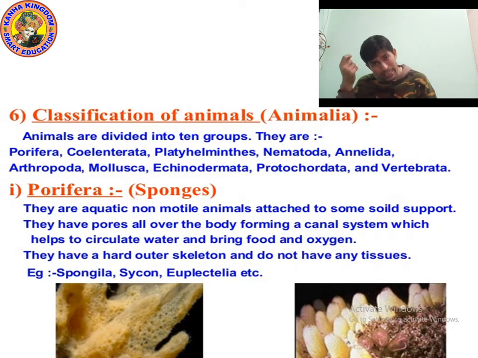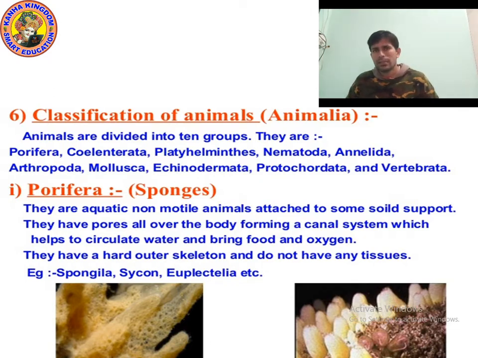Our hair and nails are actually exoskeleton, outer bone-like structure, and inside the body we call it endoskeleton. So they have a hard outer skeleton and do not have any tissue.